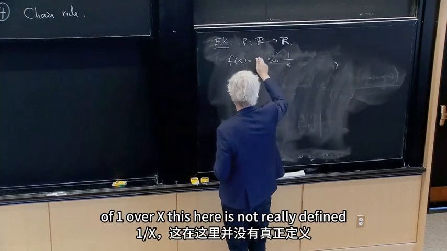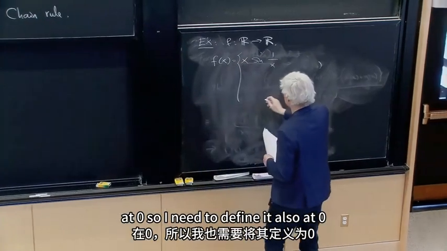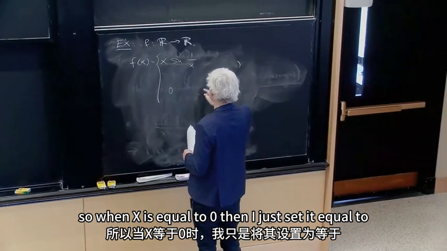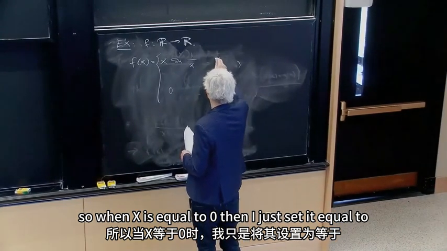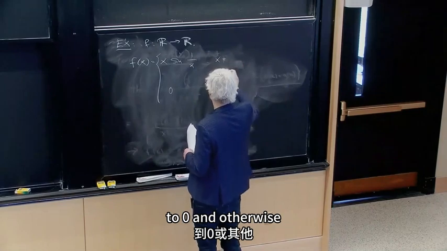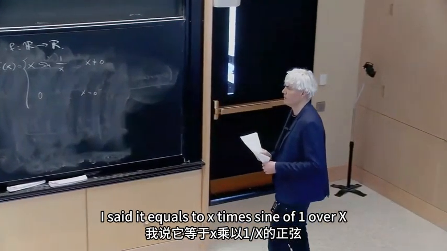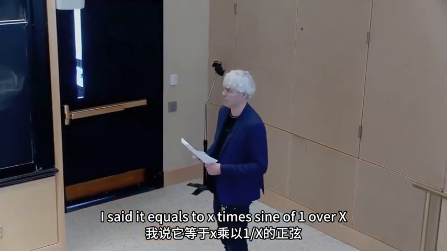This is not really defined at 0, so I need to define it also at 0. So when x is equal to 0, I just set it equal to 0, and otherwise I set it equal to x times sine of 1 over x.